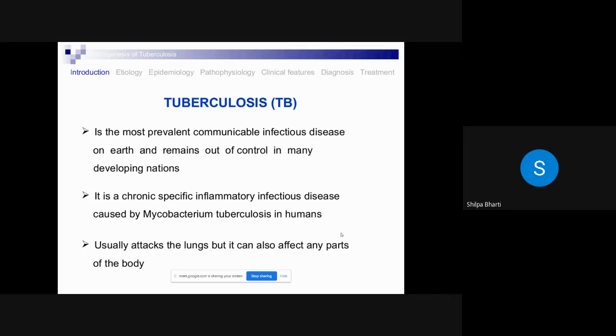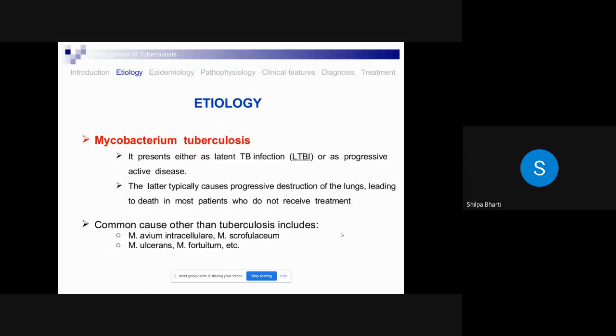Let's talk a little bit in detail about what causes TB, what is the reason behind it. Of course, Mycobacterium tuberculosis is, as we have told you, an infectious disease basically affecting the lung. It can be present in two forms, either as a latent TB infection, in short form we call LTBI, or as a progressive active disease.